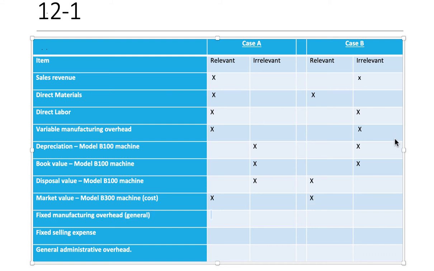Let's look at fixed manufacturing overhead general. Is this relevant or irrelevant? Well, if we reread case A, they tell us that the increase in volume will be large enough to require increases in fixed selling expense and in general administrative overhead, but not fixed manufacturing overhead.